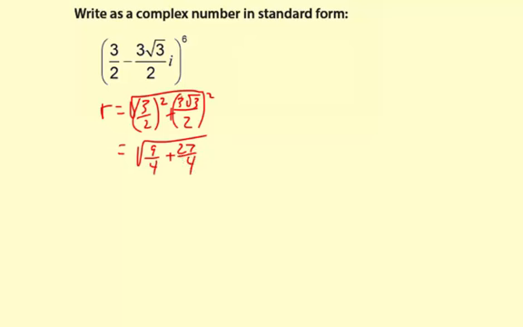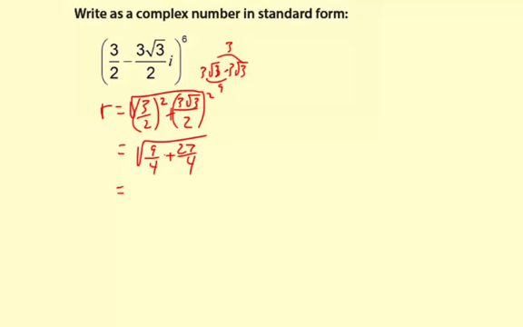So that 27 is 3 square roots of 3 times 3 square roots of 3. So that's where the 9 comes from, and that's the other 3, to make 9 times 3, which is 27.